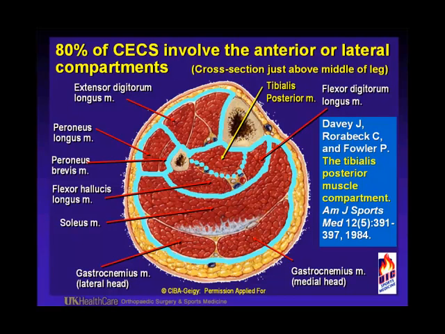Anterior, we have the peroneus longus and brevis, and more anterior, the extensor digitorum longus, tibialis anterior. This shows the nerves running through those compartments.